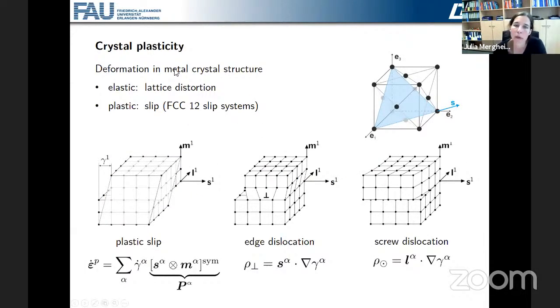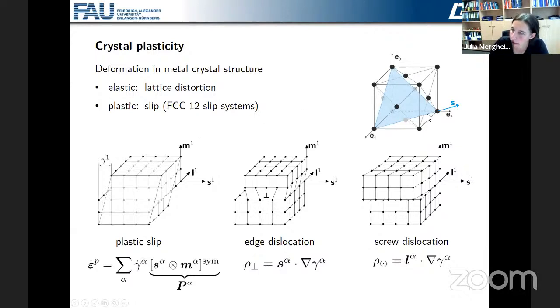So crystal plasticity is a material model which accounts for the anisotropy of the crystal structure, in particular if we think about the plastic deformation. Inconel has an FCC crystal structure, and the unit cell of that is depicted here at the top. And this FCC structure has 12 different slip systems.